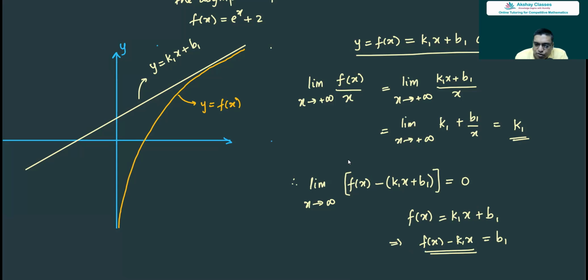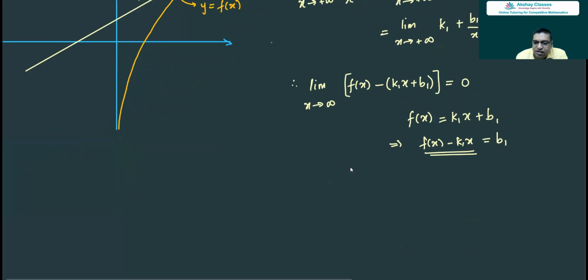Okay. So because they coincide, the function value of the curve and the function value of the line should match at x tends to infinity. So as limit x tends to infinity, f of x minus k1x should be equal to b1.